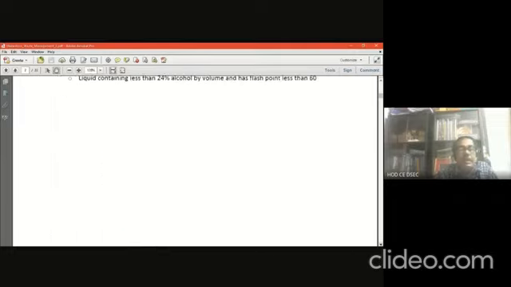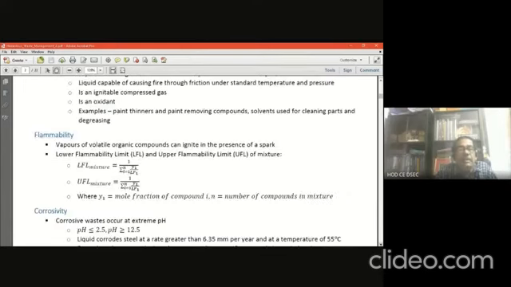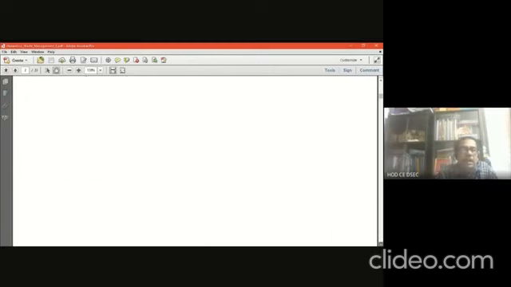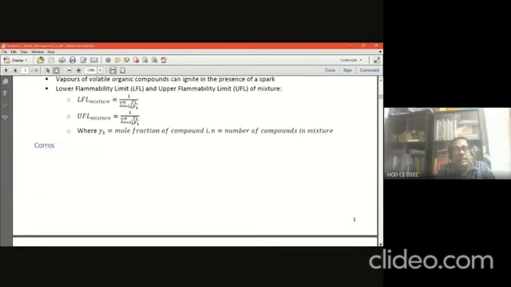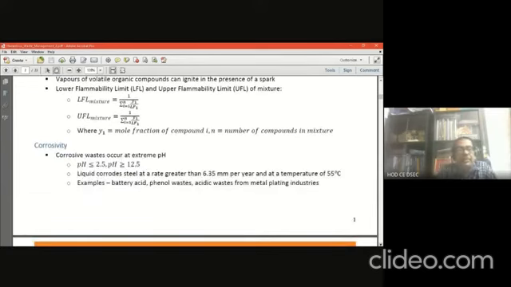Similarly, UFL of the mixture equals 1 by sigma Yi by UFi, where Yi equals the mole fraction of compound i and n equals the number of compounds in the mixture. We are not going into the mathematical expression; as far as your syllabus curriculum is concerned, you will stay within the characteristic itself, not the numerical part. Now, corrosivity is identified by pH value, either less than or equal to 2.5 or greater than or equal to 12.5.